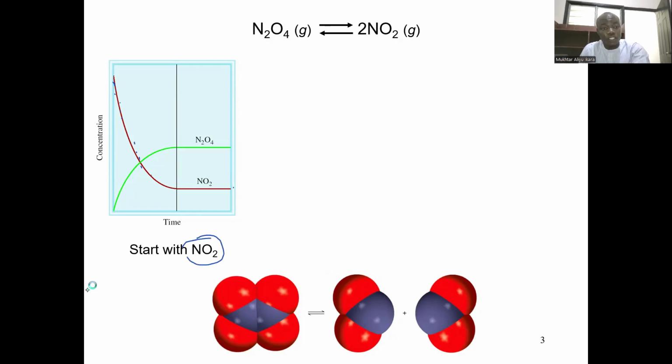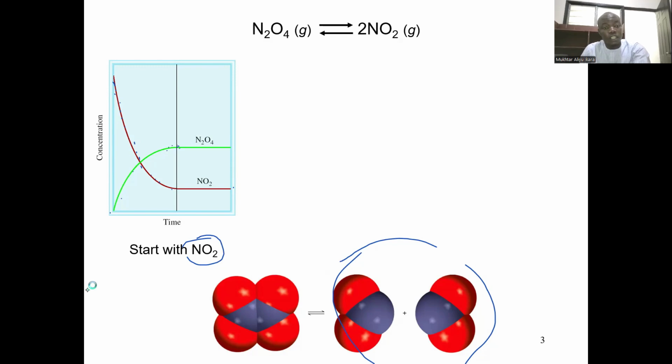That is why the concentration of the nitrogen dioxide is decreasing, and at the same time the concentration of dinitrogen tetraoxide, which is the product, is increasing. If you look at it clearly here, as the concentration of the reactant is decreasing, at the same time the concentration of the product is increasing.